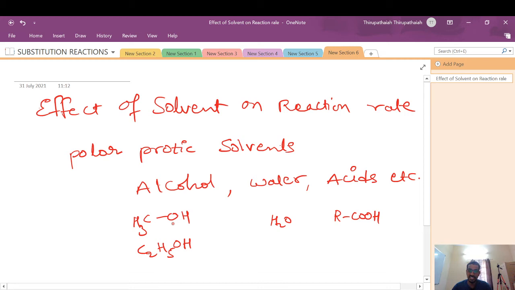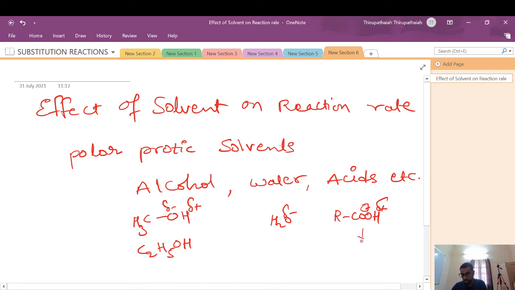That means there is a partial separation of positive and negative charge. Here you can see on oxygen a partial negative charge will be there, and on the proton a partial positive charge will be there. So polar protic solvents means they should be polar and have some proton in them.